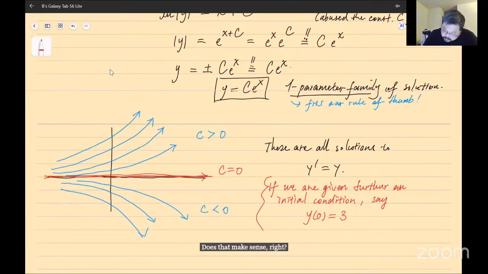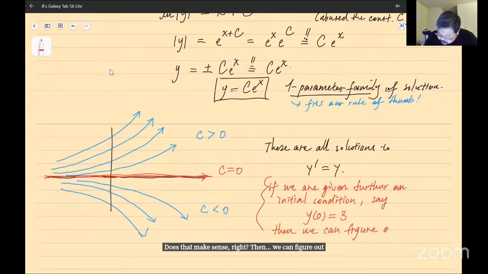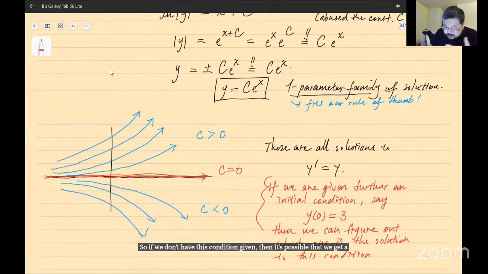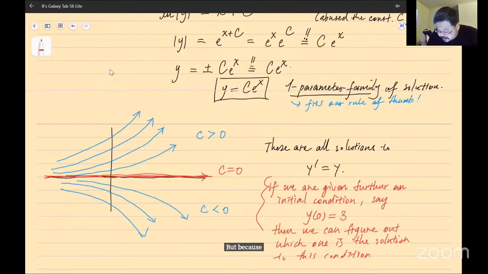So then we can figure out which one is the solution to this condition. If we don't have this condition given, then it's possible that we get a bunch of solutions. But if we're given this condition, then we may be able to pick out one of them.